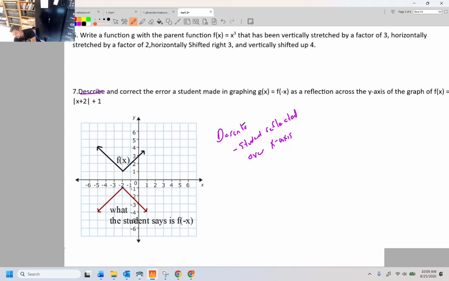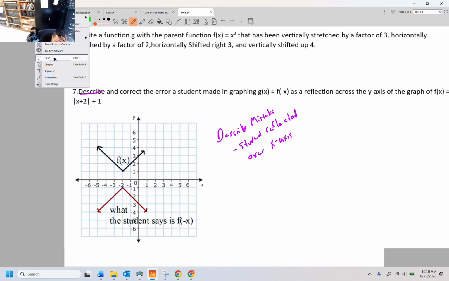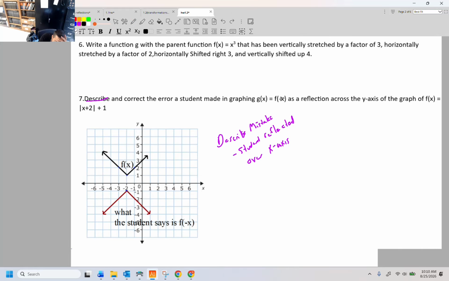There's their mistake. Describe the mistake. Obviously, now we're supposed to fix this. So the rule about forming a y-axis reflection is pretty simple. The rule is given, and the kid didn't do that.